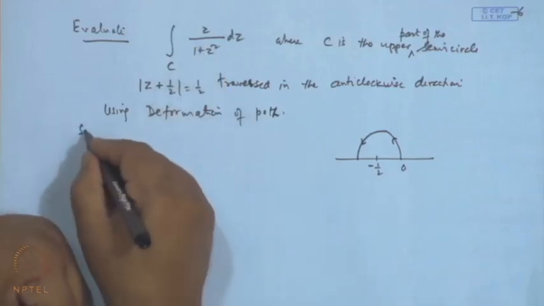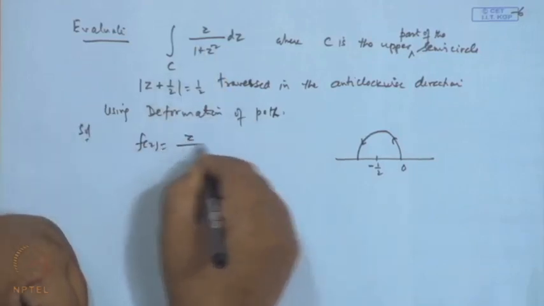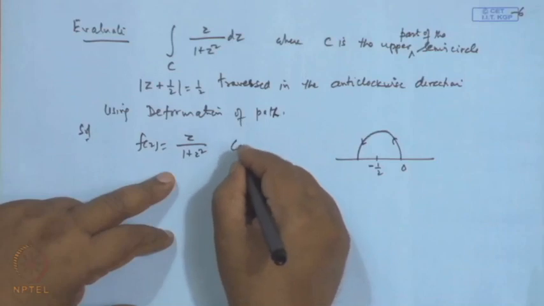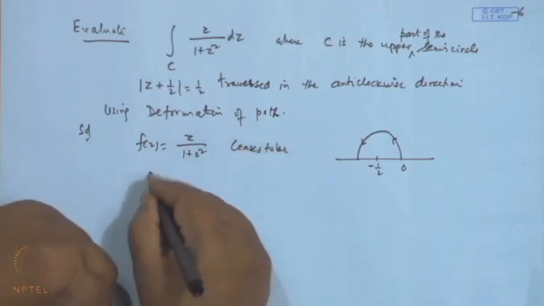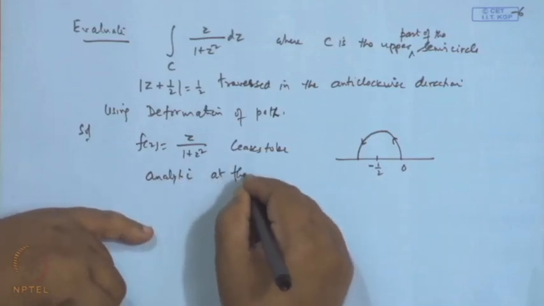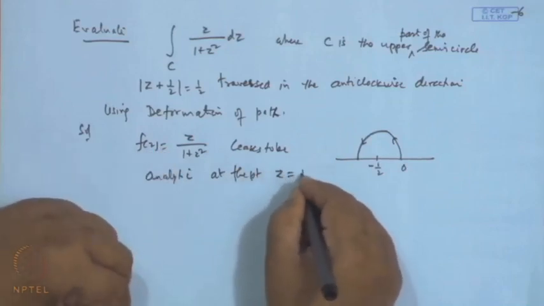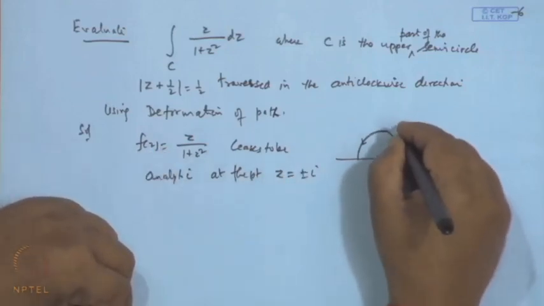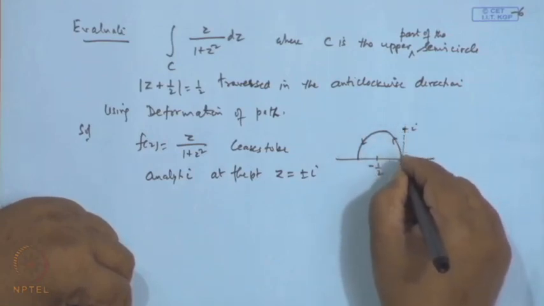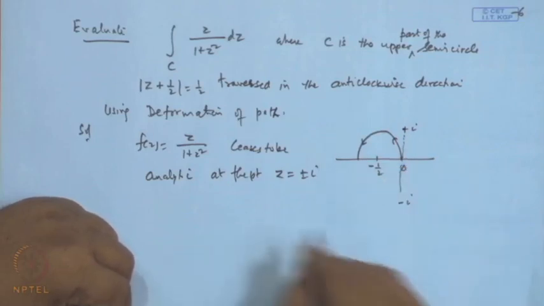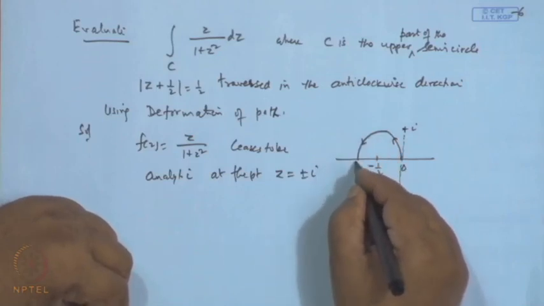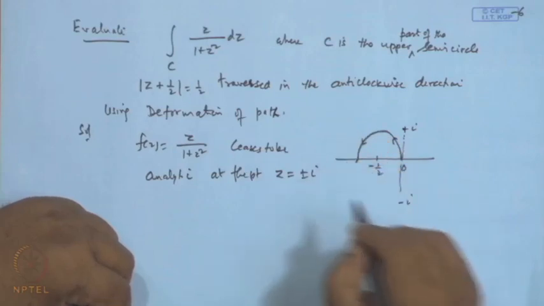The function f(z), which is z over 1 plus z square, ceases to be analytic, that is, it is not defined and derivatives do not exist, at the points where the denominator is 0, z equal to plus minus i, and plus minus i will be somewhere lying here. This is plus i, this is minus i. So, it does not fall at any point on this circle, on the path of integration.